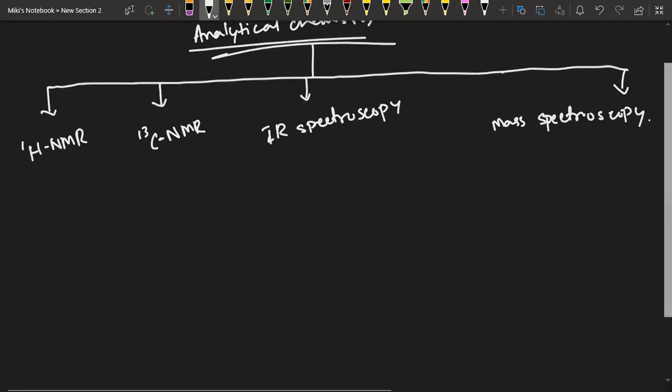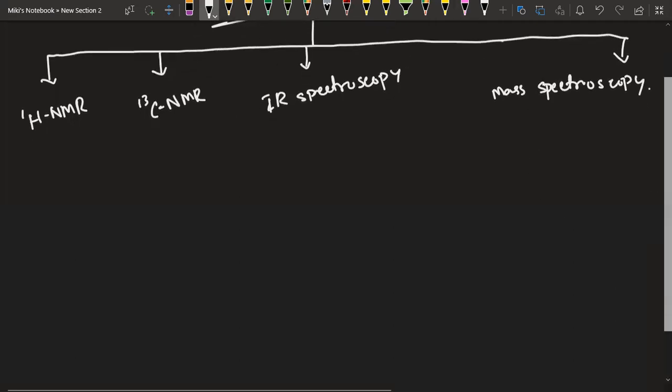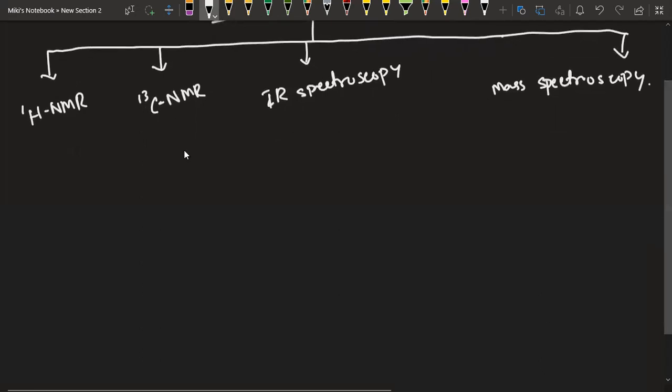Moving into explaining these terms, what are each of them? So HNMR, what does HNMR mean? HNMR is the way to identify the chemical environment of hydrogen atoms. That means it helps us to identify the total number of hydrogen atoms present in a molecule.